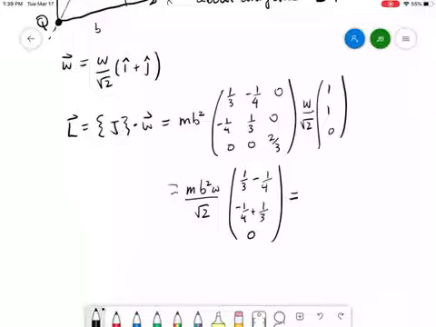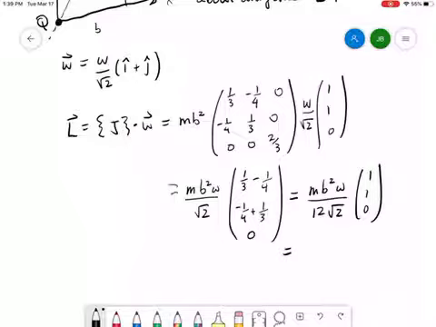And what we end up with is mb squared omega over 12 root 2 in the denominator, and then 1, 1, 0. But omega times 1, 1, 0 is the original omega vector with the root 2 factor. And so this is equivalent to mb squared over 12 times omega.